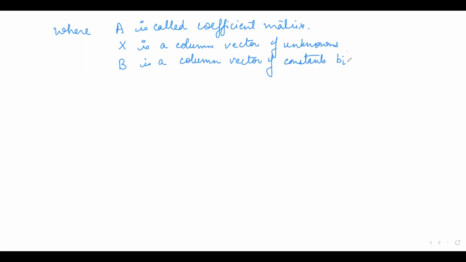Constants bi's. The unknowns would be xi's we are talking about. Okay. So now, how to deal with it?